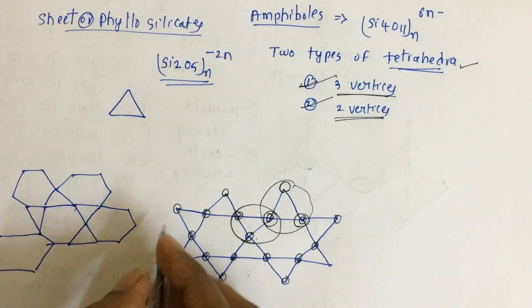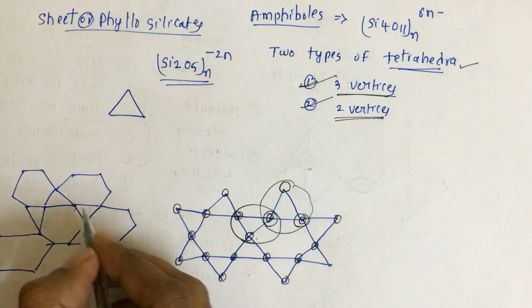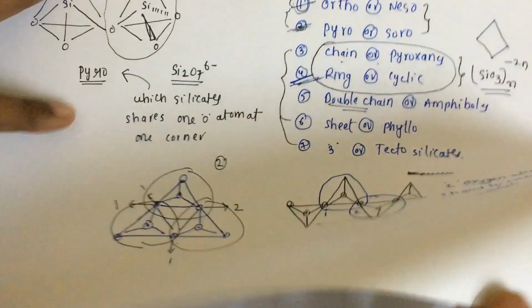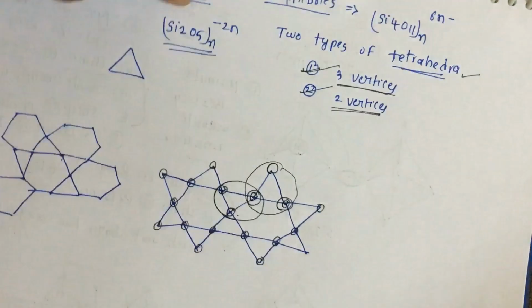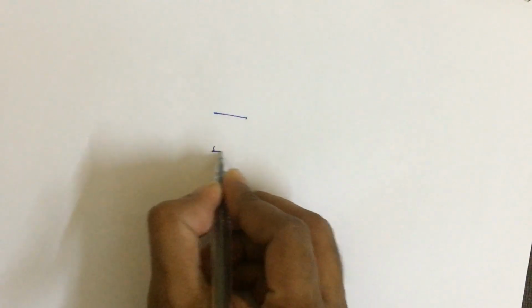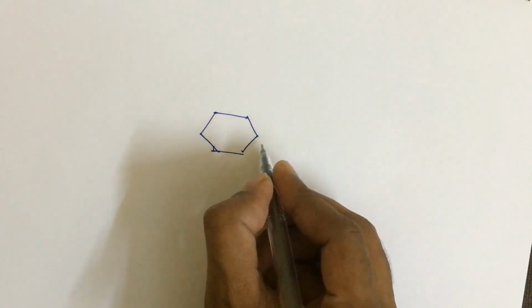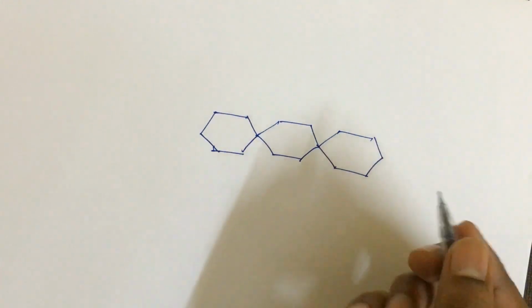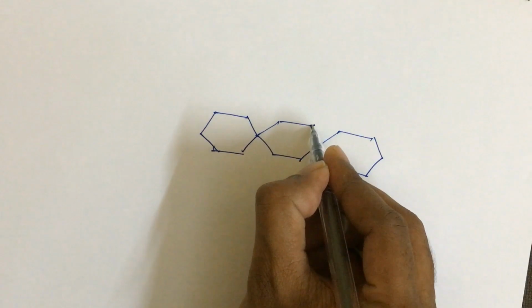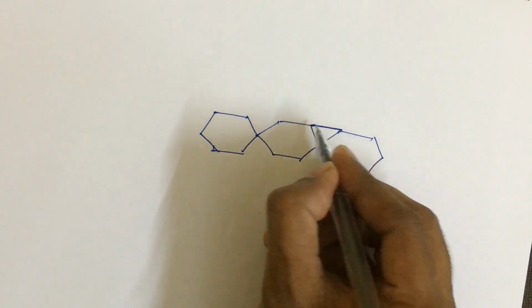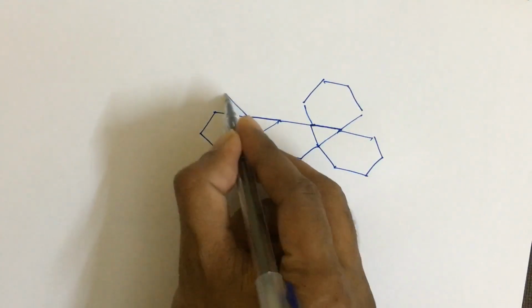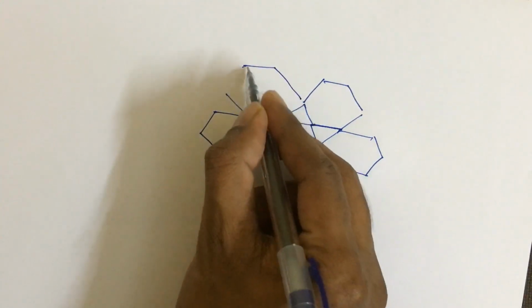Actually it's not a proper structure, I will be drawing it here. So this will be the vertices here, like this.